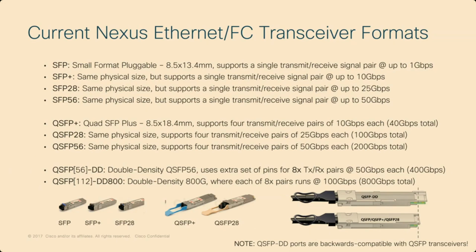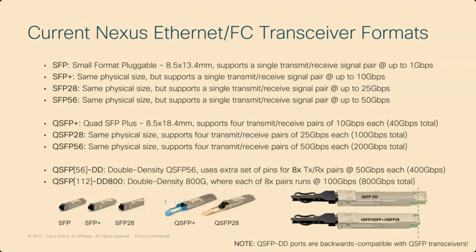The one on top being a QSFP-DD, you can see where the little dashed line cuts that card in half. The farther back half is the second set of connectors for the double density connections. That means I can take a standard QSFP transceiver and plug it into a QSFP-DD port and be backwards compatible.